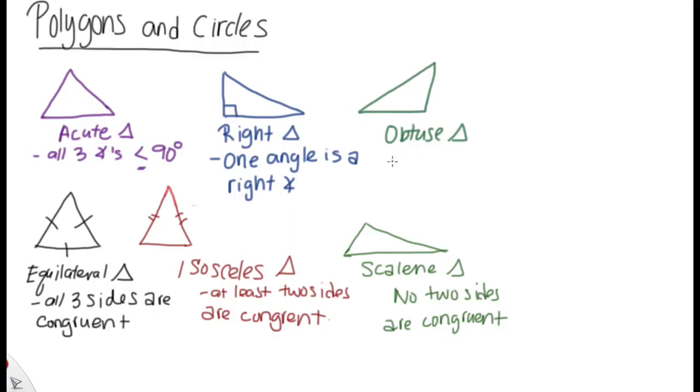One angle is obtuse. And our last triangle we'll look at would be an equiangular triangle. An equiangular triangle is a triangle where all three angles are congruent.